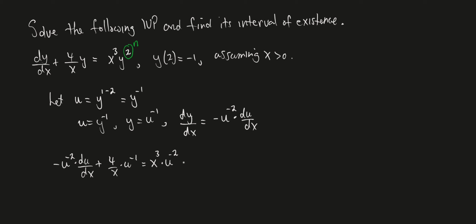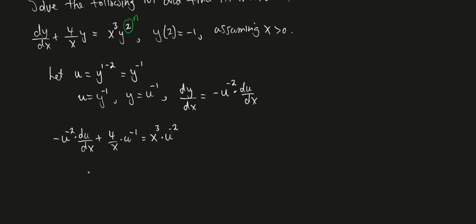It's still not in the standard form for something that's linear, but let's go ahead and use algebra and simplify this. If it helps, you can rewrite terms that have negative exponents. So we can write that as negative 1 over u squared times du/dx plus 4 over x times 1 over u.